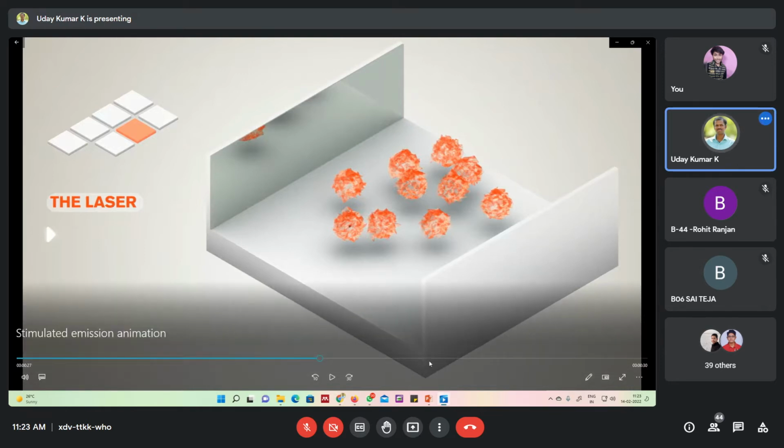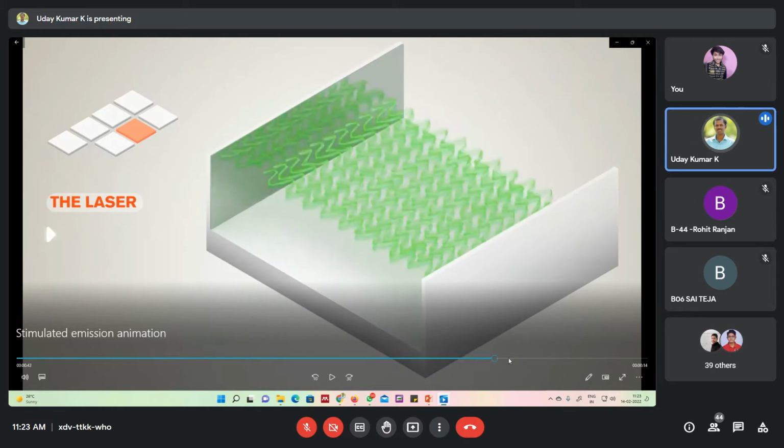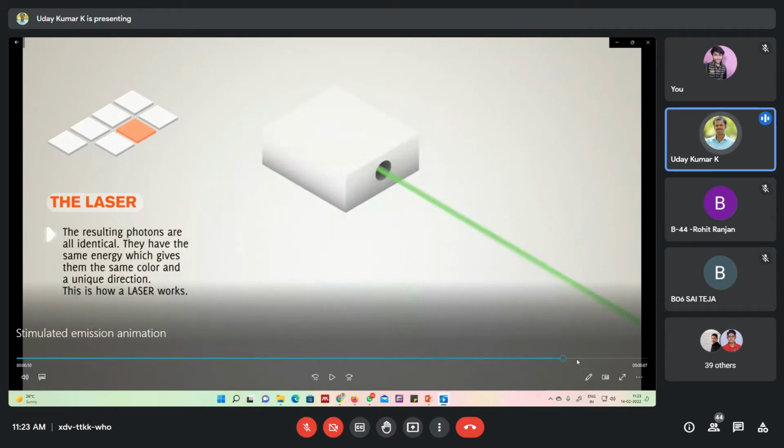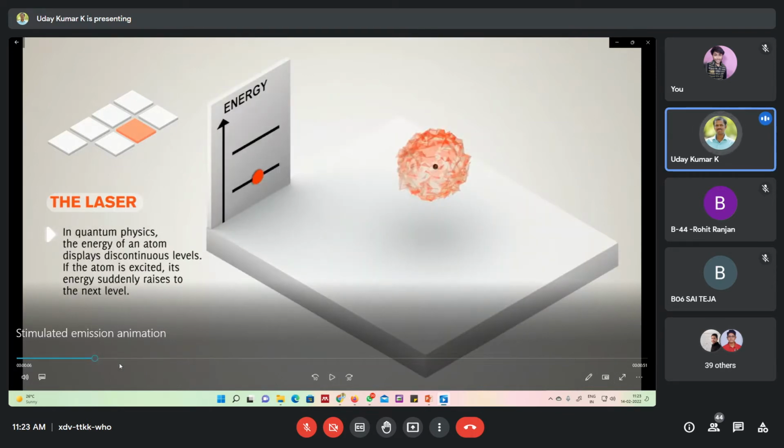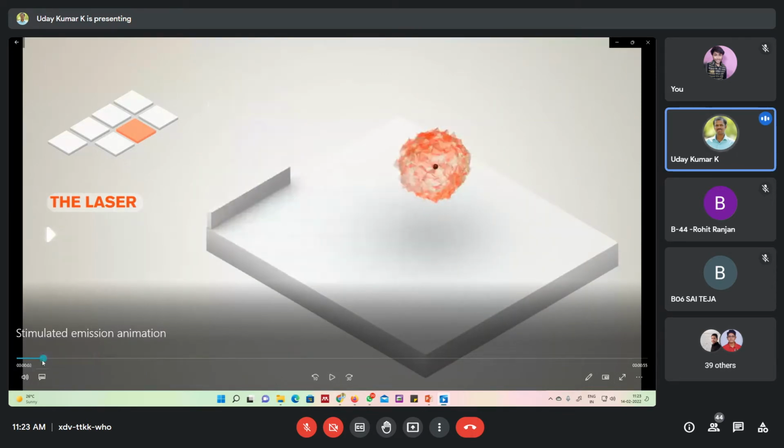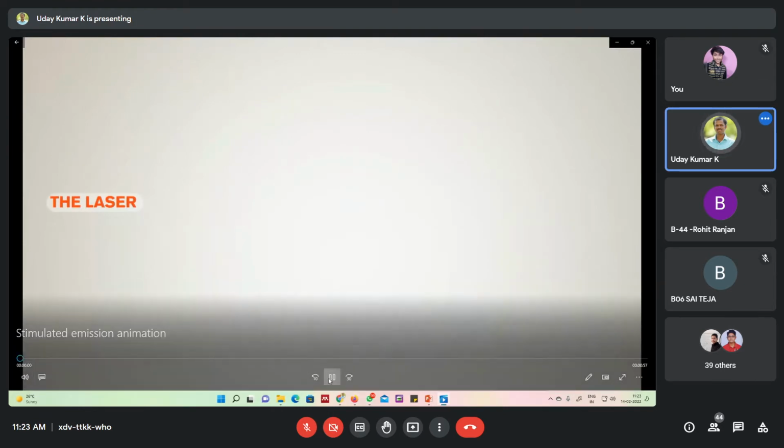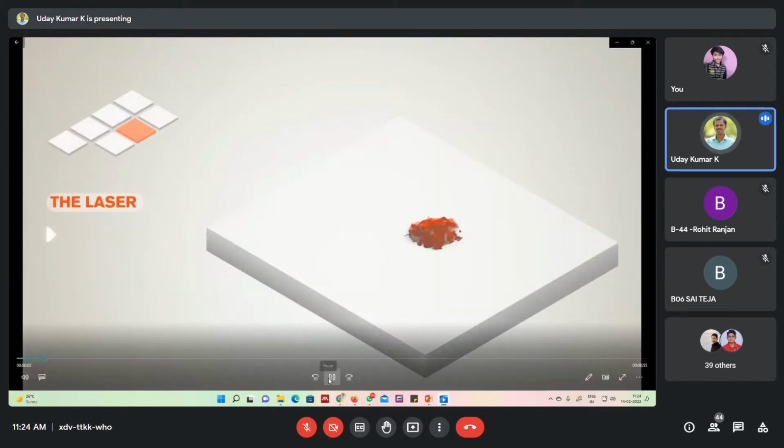So you get a high amplitude as the photon numbers get multiplied here. Through the partially reflecting mirror of the resonator, you get the laser light out. So to make it clear, I will play this video once again for your clarity. See that once again.